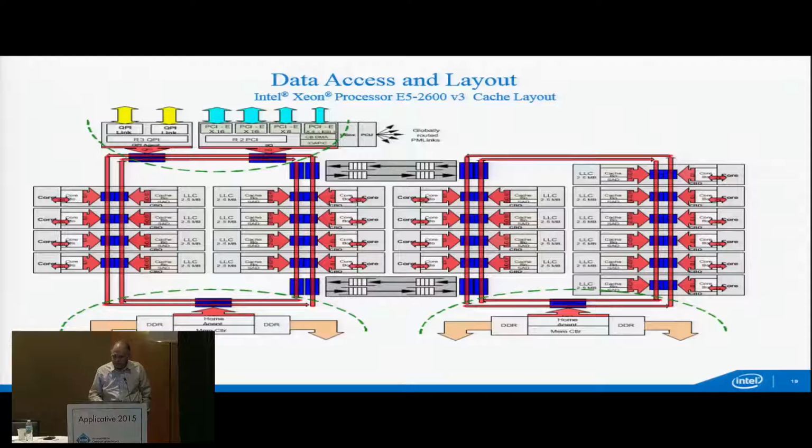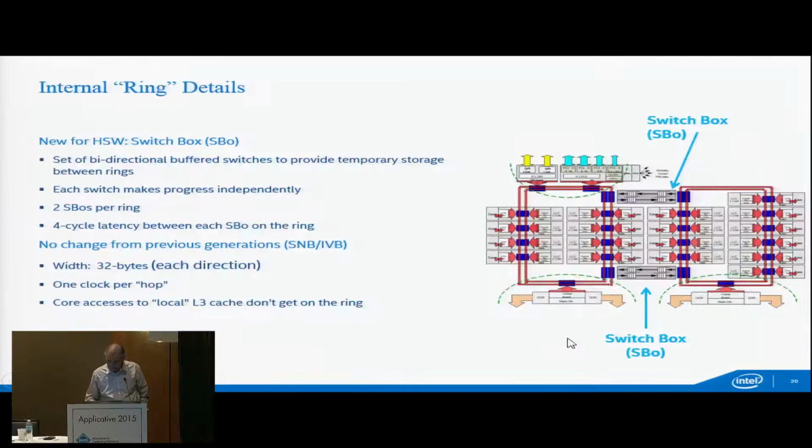So it takes 4 cycles for something from this QPI to get to the other socket, to get to the other 9 cores. This is still on the same socket. And then here, data goes bidirectionally to the memory controllers. So a little more detail about the bidirectional rings: they are still 32 bytes in each direction, and core accesses to the local slice don't get on the ring.